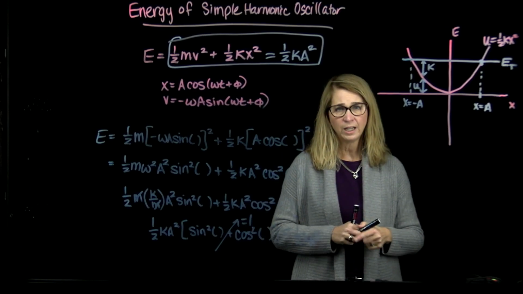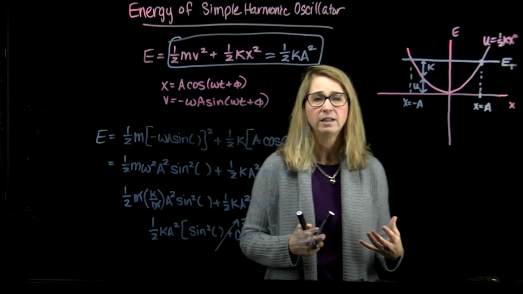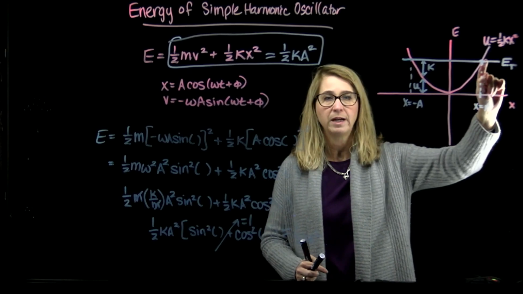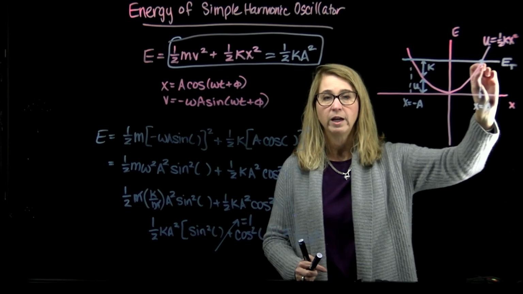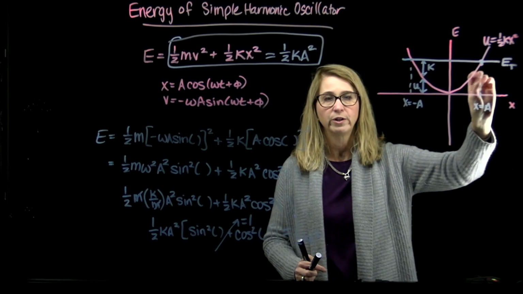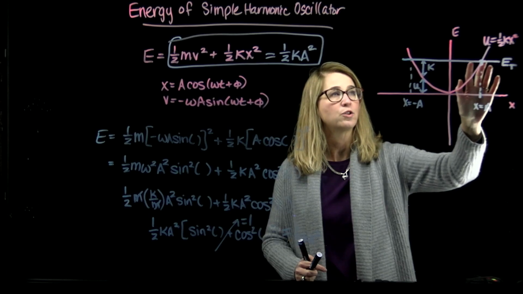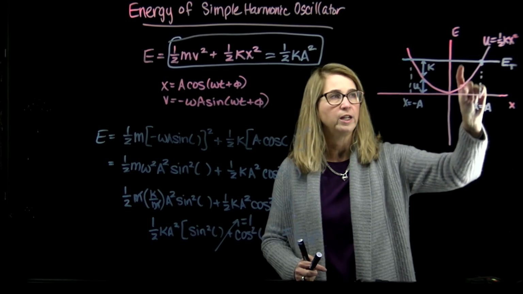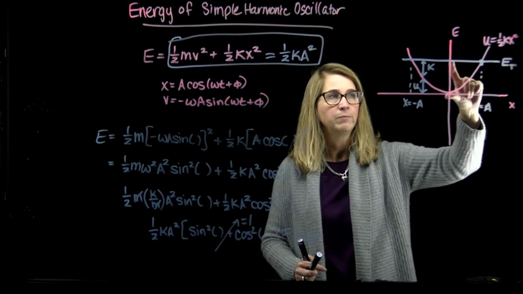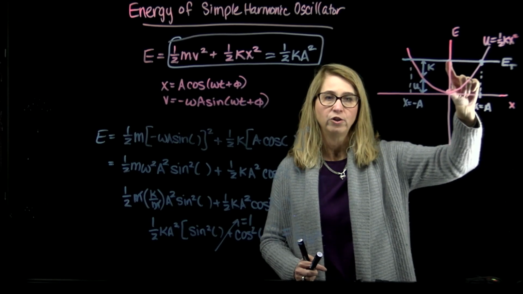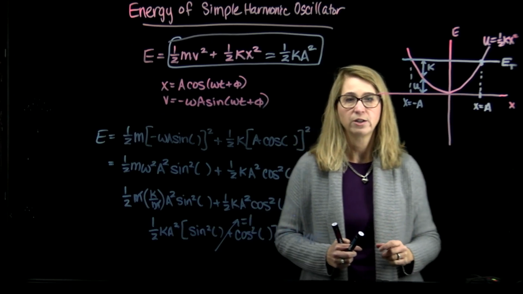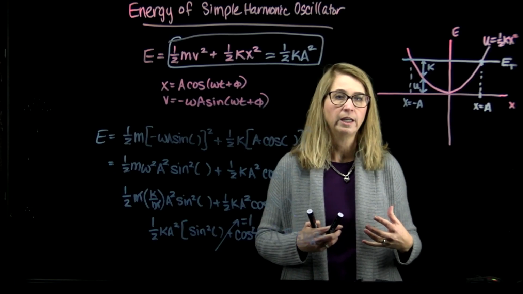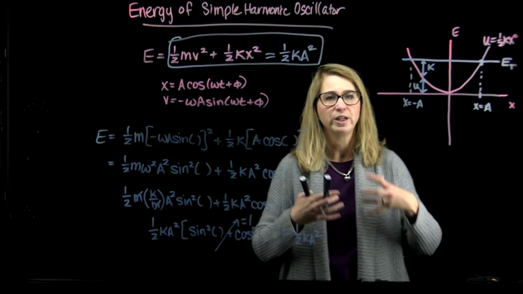And so think about what is happening as our object oscillates back and forth. If I start off at a maximum displacement of A, it has all potential energy, but then I release it, and as it starts moving back towards equilibrium, it's going to lose potential energy and gain kinetic energy. At the equilibrium location, it actually has 0 potential energy and has the maximum kinetic energy. All of its energy is in kinetic.